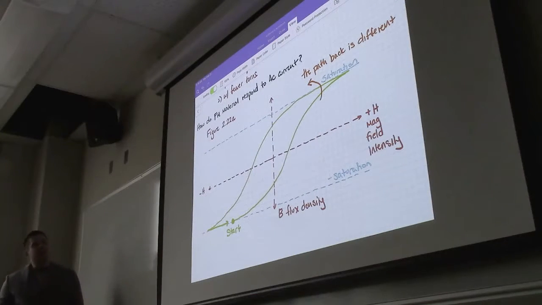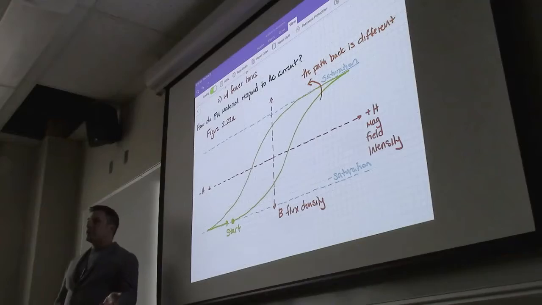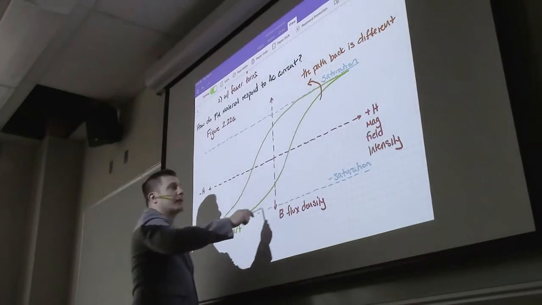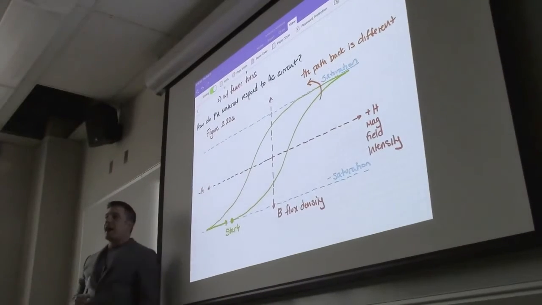When we pull it back, what we'll see is that the relationship between B and H is different. So we increase, increase, increase, we get to saturation, we come back, and we have a different path.